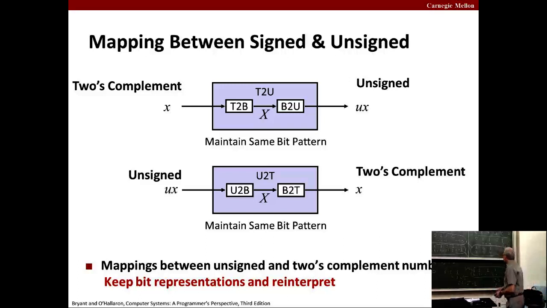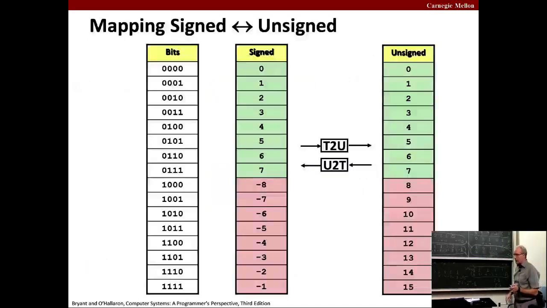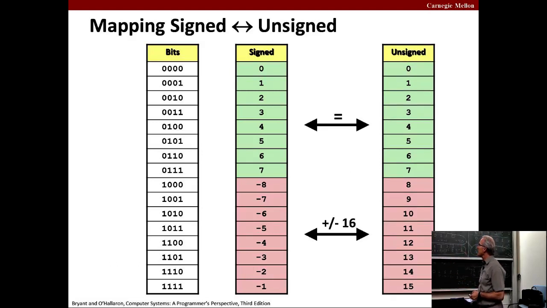And similarly, we can go back and forth between 2's complement and unsigned, keeping the bit patterns the same. I'll call that t to u when I go from signed to unsigned, 2's complement to unsigned. And similarly, I'll call it u to t if I go from unsigned to signed.